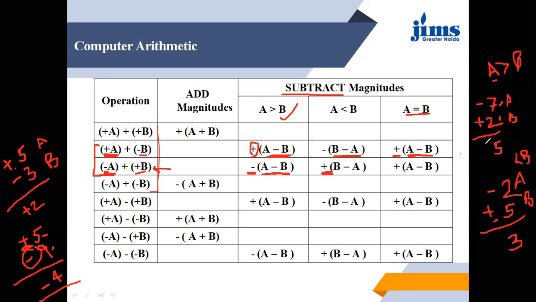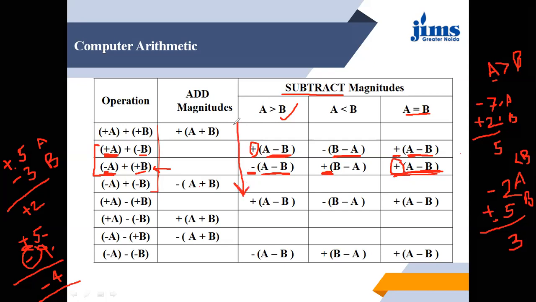And in the case when both the values are equal, A minus B equals 0, we are using plus 0. So this was the case of addition of two numbers.